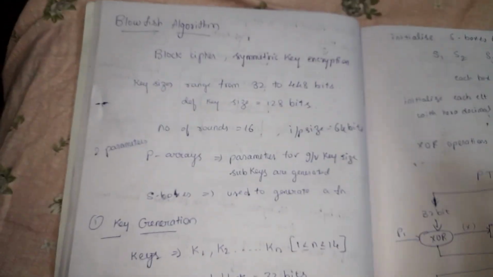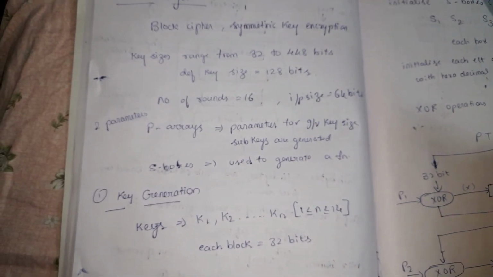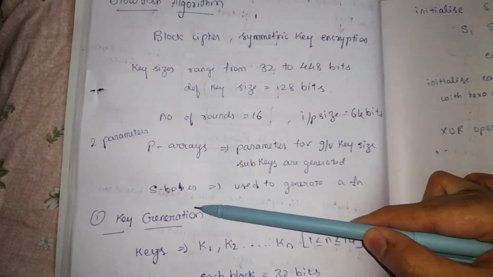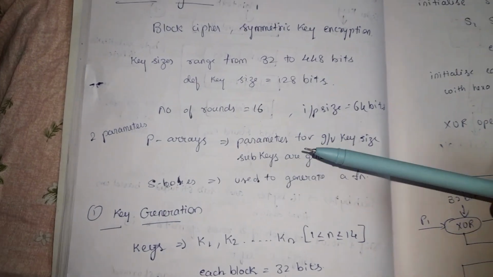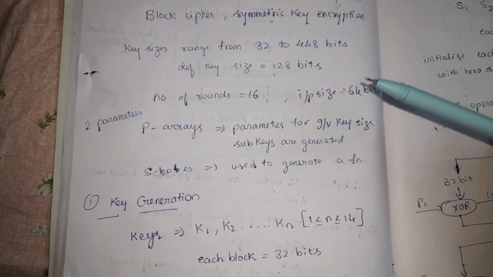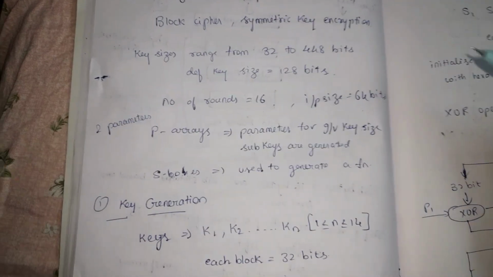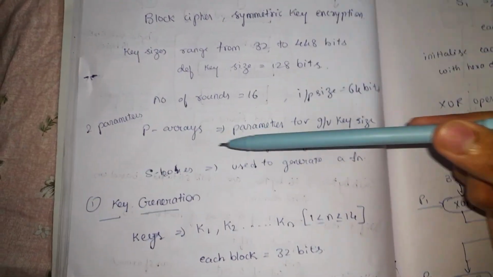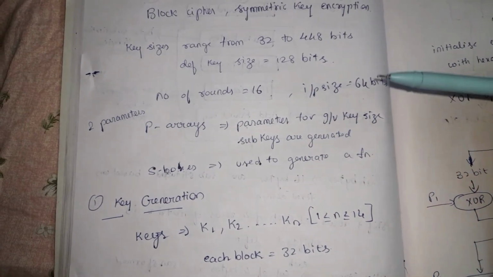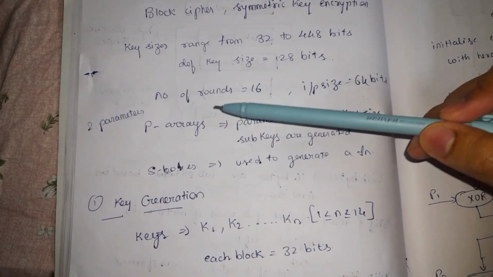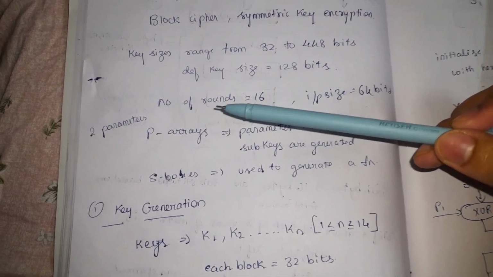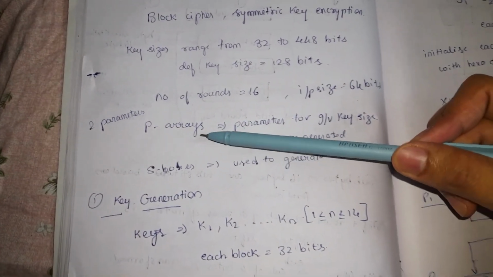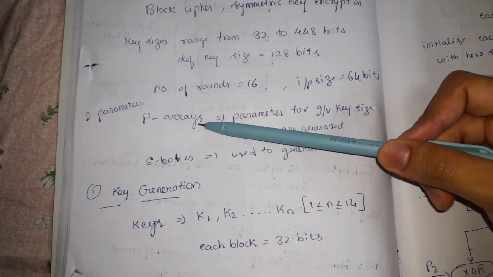There are two parameters we need to keep attention on: the P arrays and the S boxes. P arrays are the parameters for the sub keys which are generated. These arrays store the sub keys generated after the key expansion.